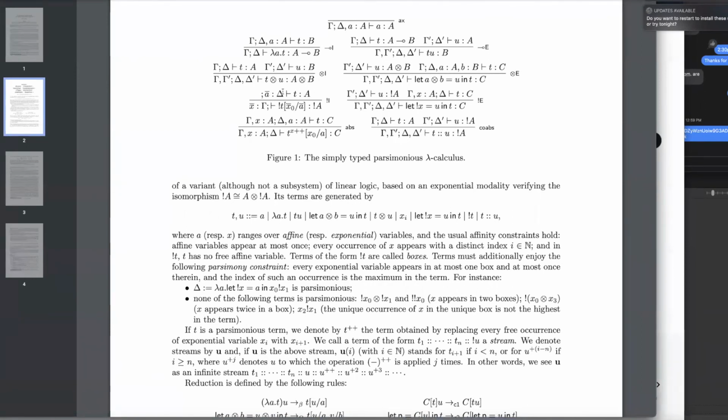Okay, so anyway, you have an empty gamma. A is a vector of affine variables and types, and those are your dependencies to infer that T is of type A, capital A. Then you have some vector of X's, which are a vector of exponential types.